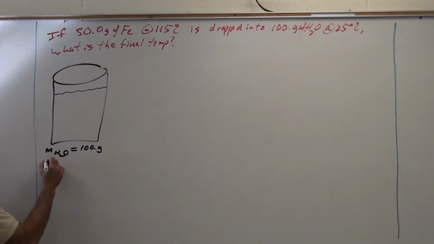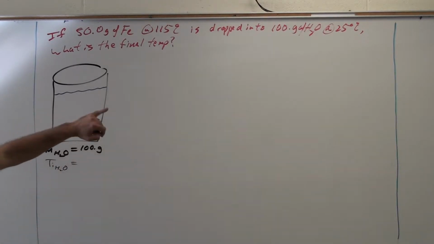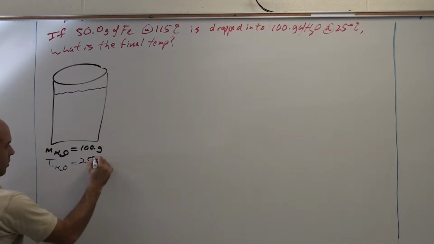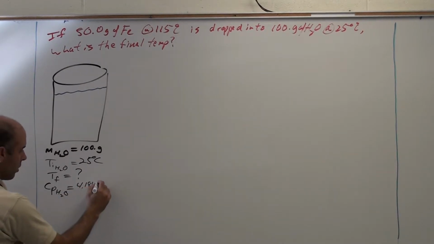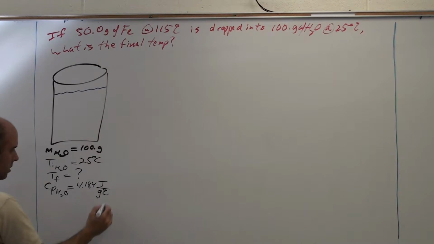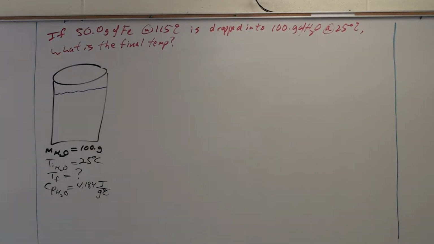The initial temperature of the water is 25 Celsius. We are trying to find the final temperature, and the specific heat of water we can look up. It is 4.184 joules per gram degrees Celsius. I got that from your book or your appendices.